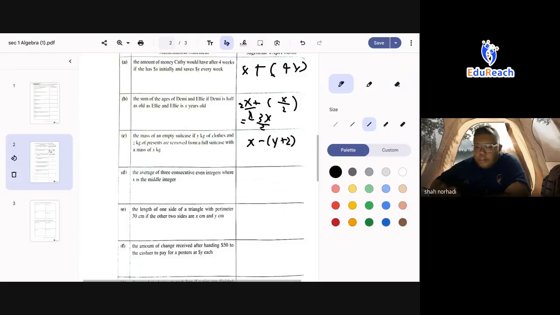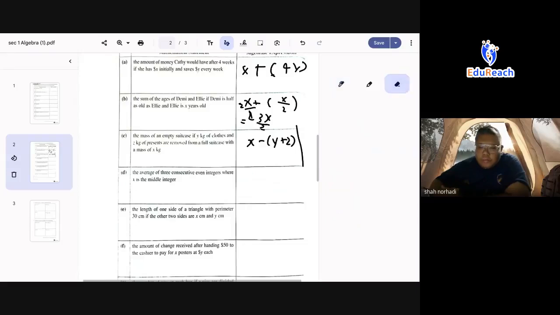Yep, that's right. No need to simplify. I think it's fine already. Let's do D. Next.